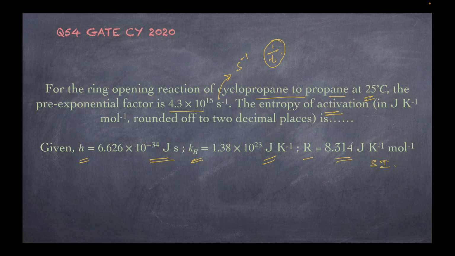Now for any chemical reaction, the reaction is happening along one particular coordinate. We call it a reaction coordinate, that means along that coordinate the reaction is happening.